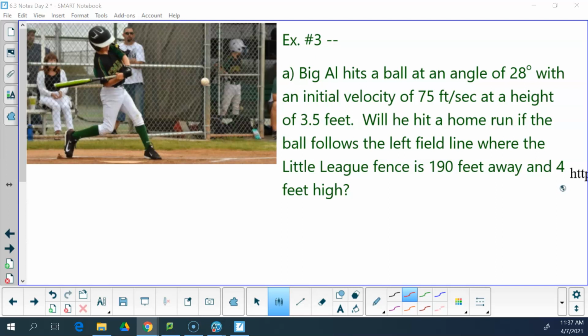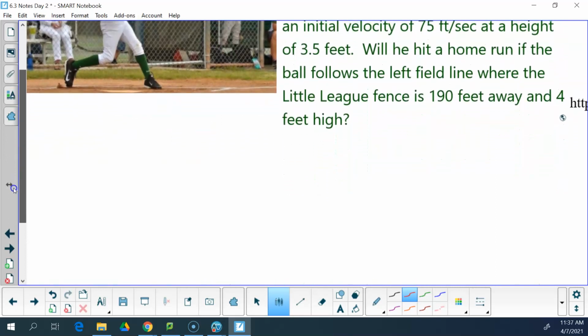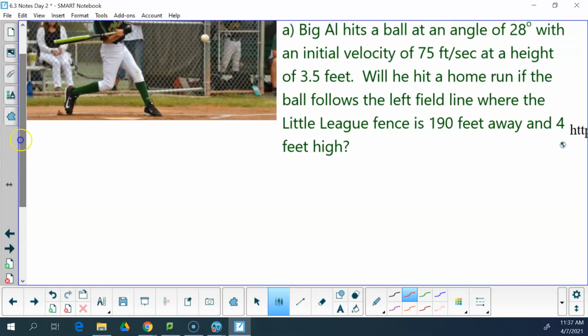Okay, so let's create this scenario for us right now. 28 degrees in there. So let's talk about the ball.